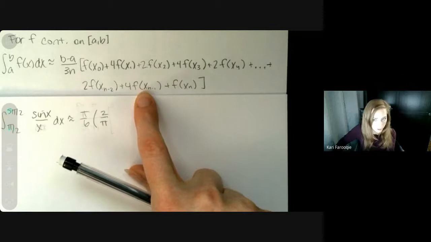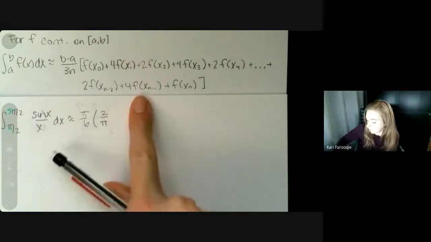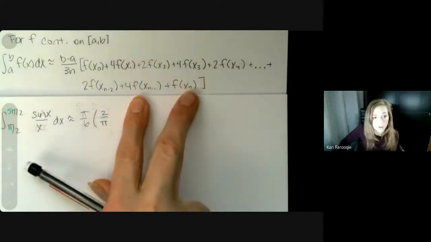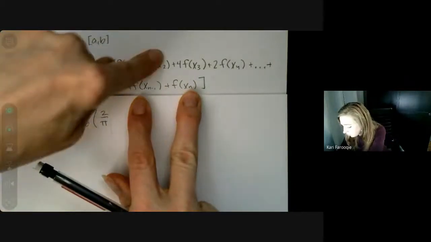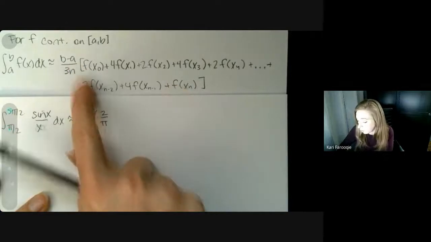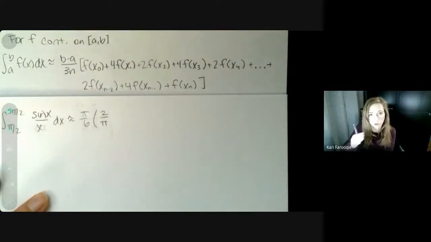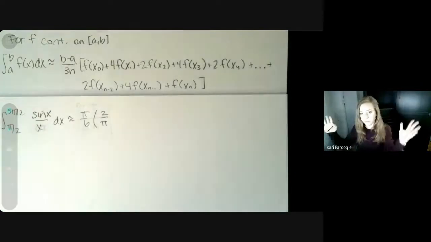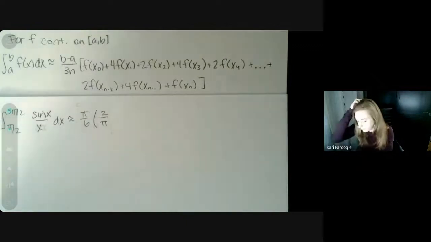So if n is 4, f of x sub n minus 1 is f of x sub 3. So this will be our f of x sub 3. This will be our f of x sub 4. So we're doing 0, 1, 2, 3, 4. So our coefficients will be 1, 4, 2, 4, 1. So they'll work their way inside. They'll be symmetric from the outside in.